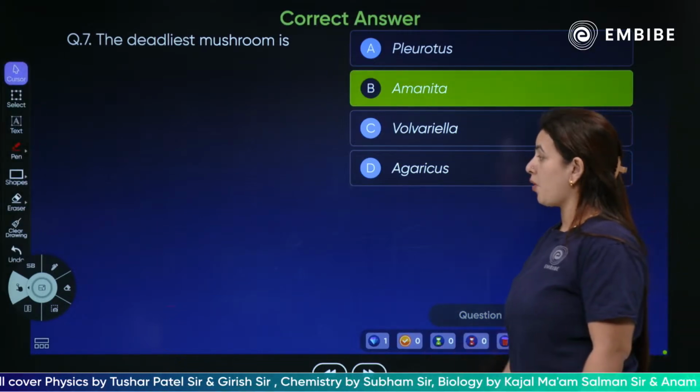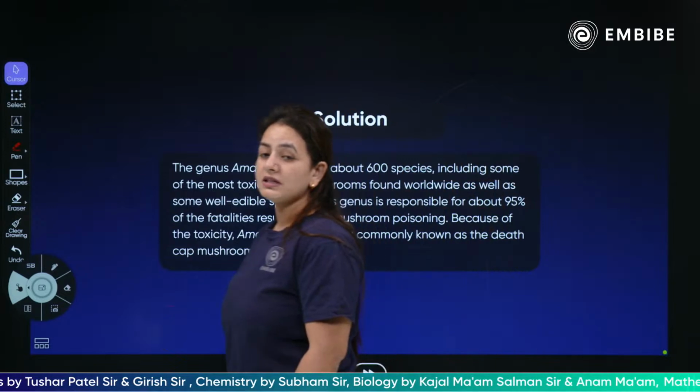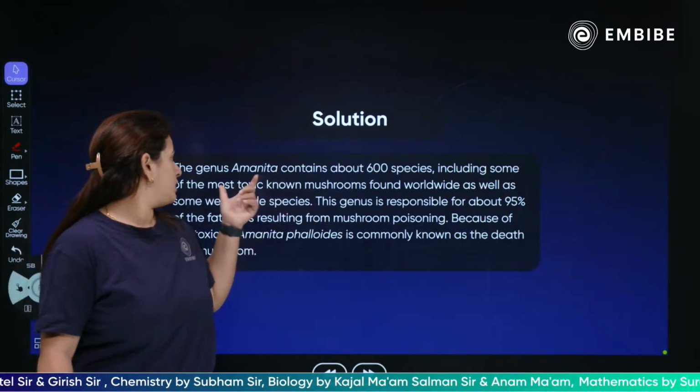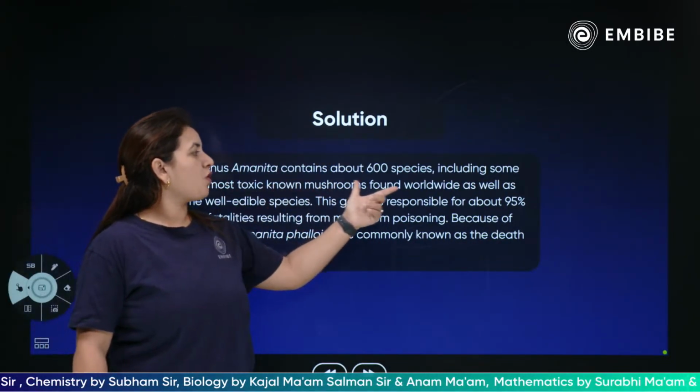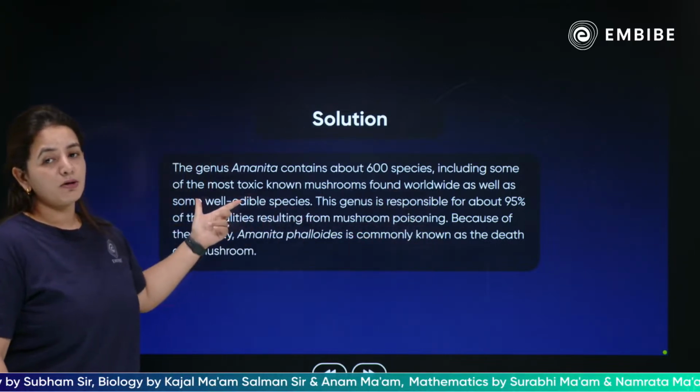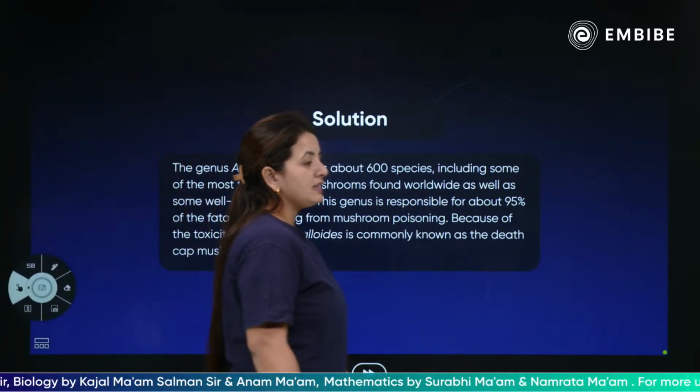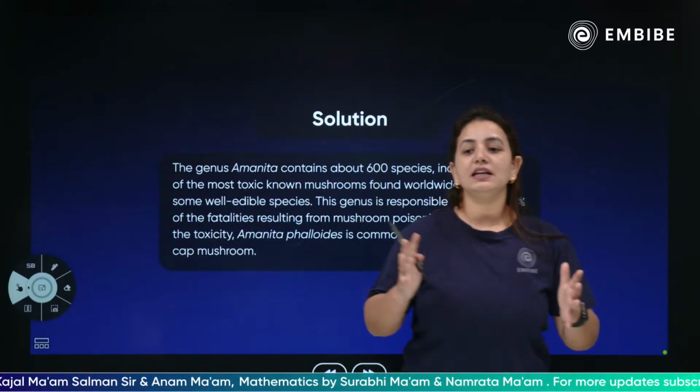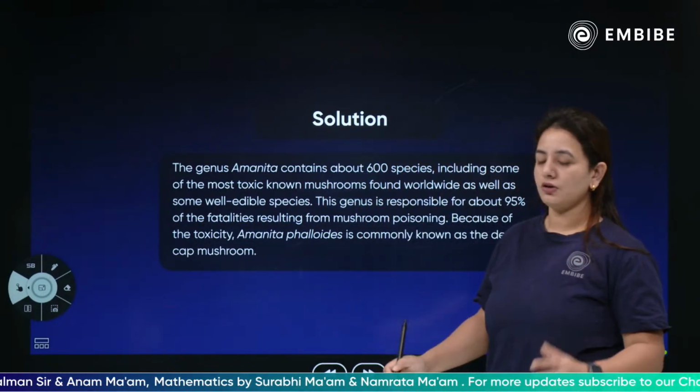Amanita is extremely poisonous. It contains about 600 species, including the most toxic known mushrooms worldwide, as well as some very edible species. Yes, Amanita is the deadliest fungi known.